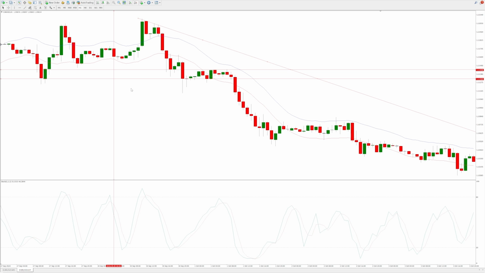And always look at price action as well. I mean, the crossover of the stochastics here, you know, would not have been an ideal entry point, and the envelopes would have backed that up as price wasn't on the other side of the lower envelope.